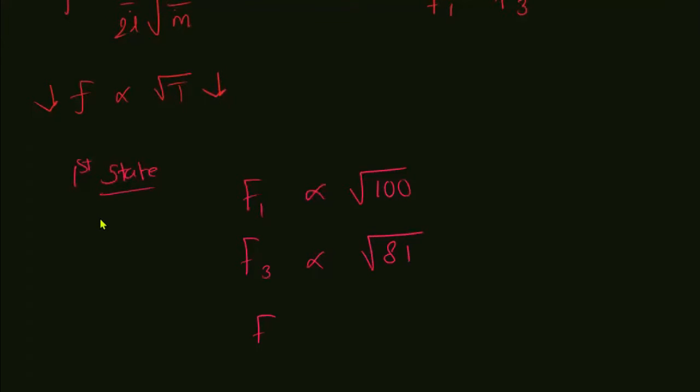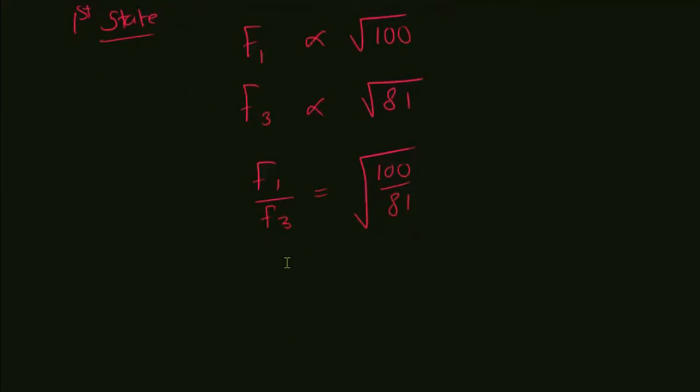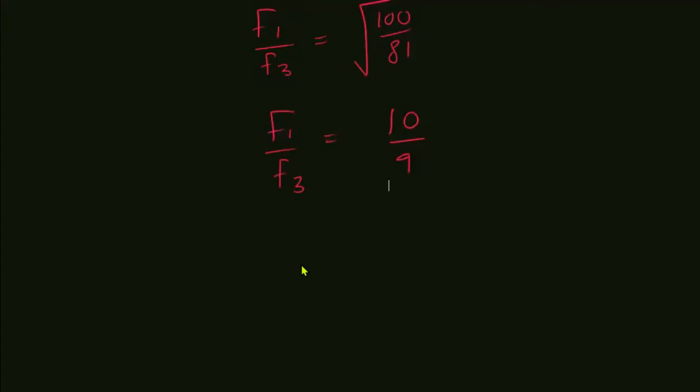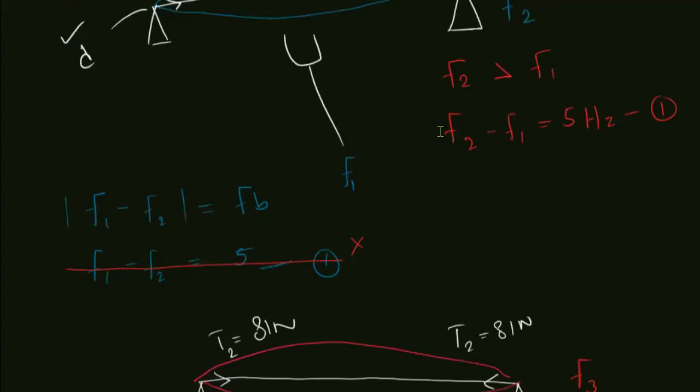So F1 over F3 is root 100 over root 81, that is 10 over 9. So F1 is equal to F3 times 10 over 9. Now we have the third equation. We have three equations, three unknowns.